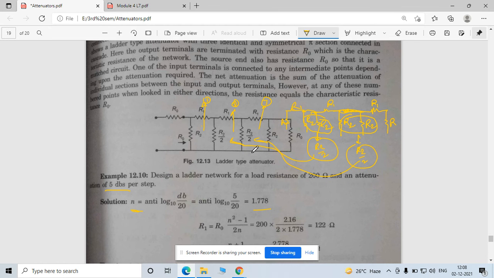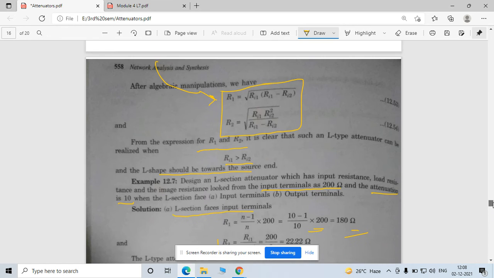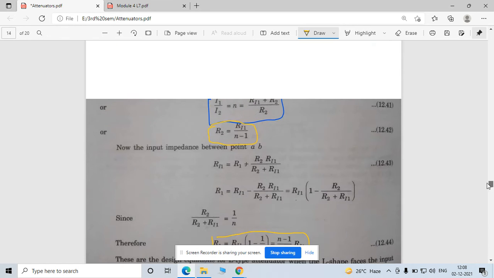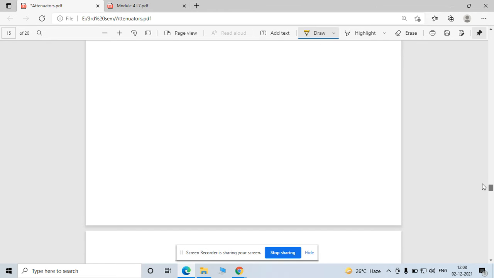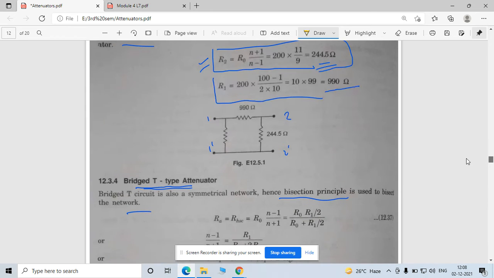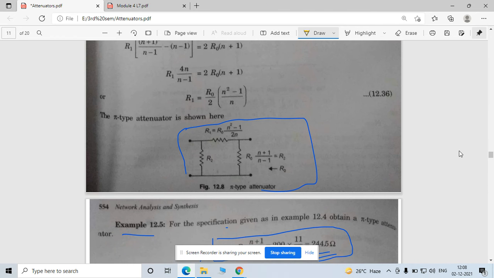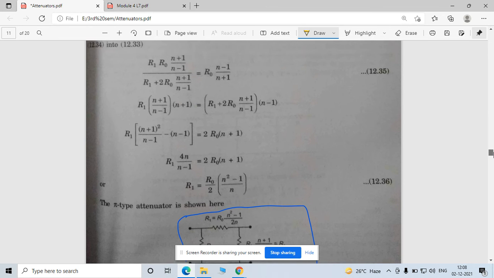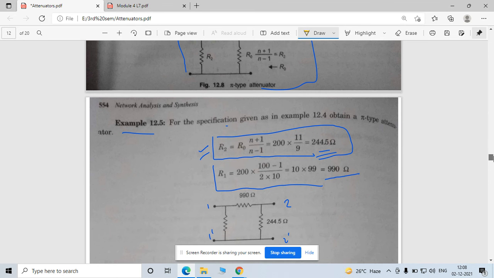Now see, this is your pi network, right? So use that pi network's equations here. There is a pi network. See, this is your T network. This is your pi network, right? So what is the equation for R1? R2 is nothing but your R naught times n plus 1 by n minus 1.